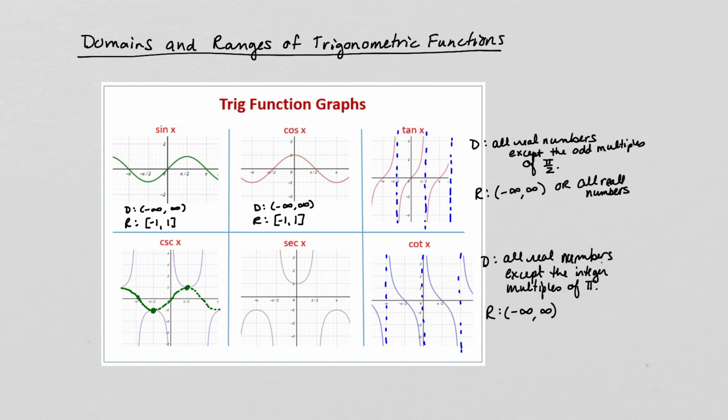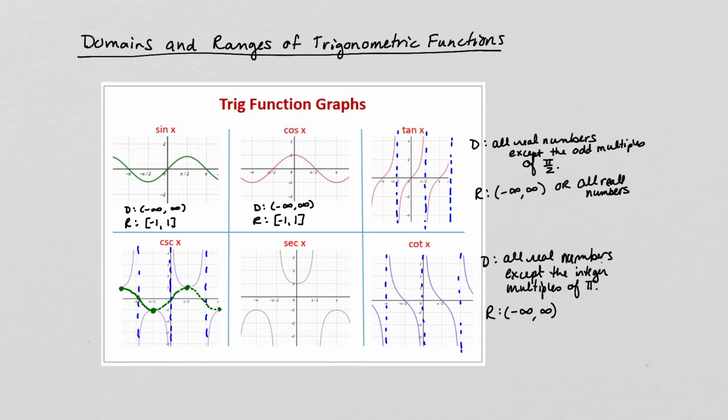So any place that the sine function has a max or a min, the cosecant graph is going to come off of that. And any place the sine function was 0, here or here or here, the cosecant graph is going to have an asymptote.